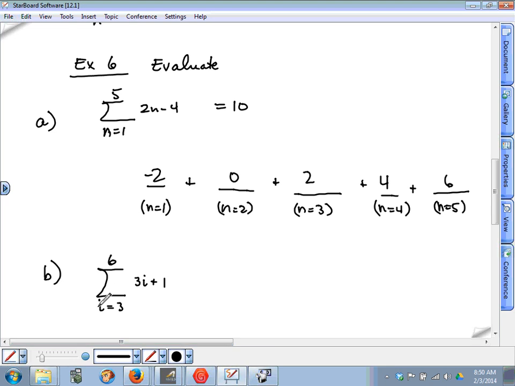Whatever variable is used at the bottom of sigma has to be the same variable used to the right side. But as long as they match, it doesn't matter.